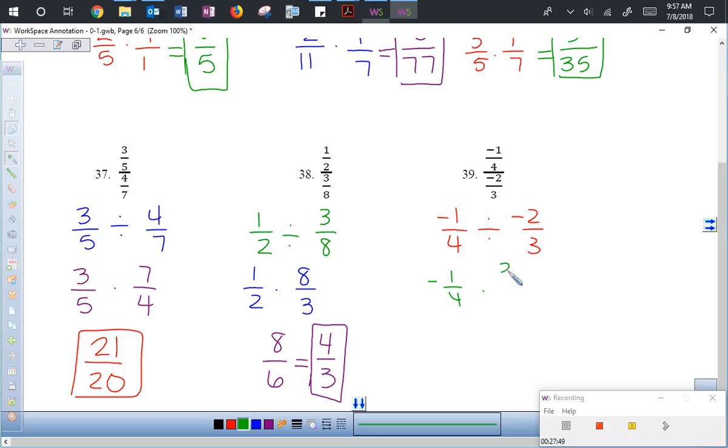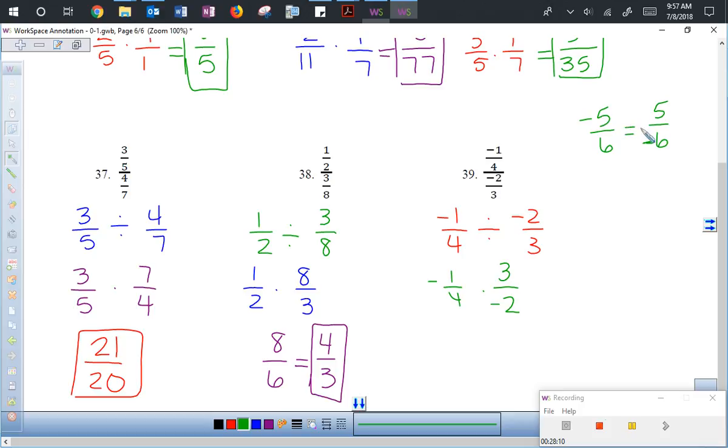Well, the 3 is going to go on the numerator, the negative 2 is going to go on the denominator, but here is what is really cool. When you are working with negative signs and fractions, it actually doesn't matter where you put the negative sign. For example, negative 5 over 6 is the same thing as 5 over negative 6. The negative symbol does not matter. It does not matter where it goes.